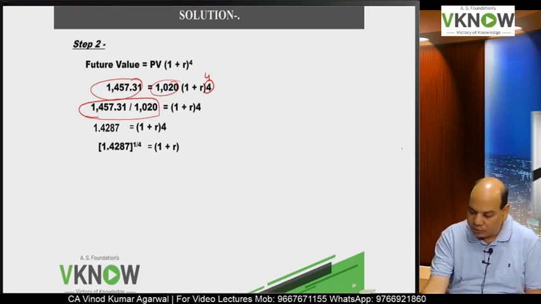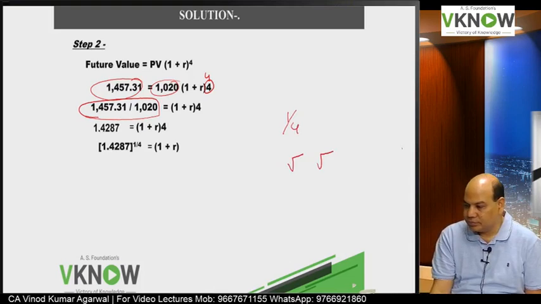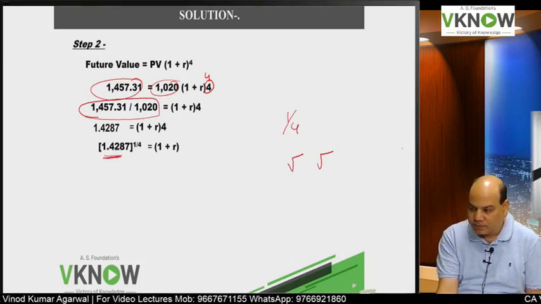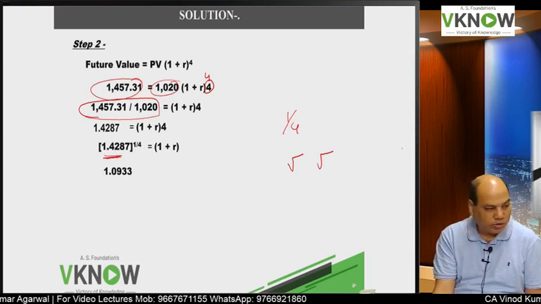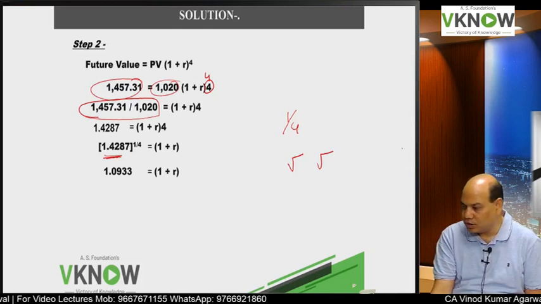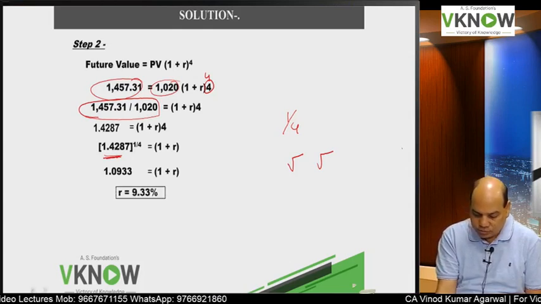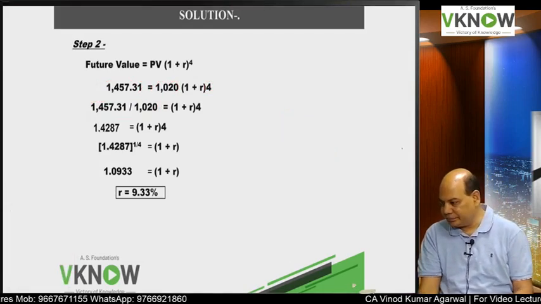And when the power is 1 by 4, you have to press the square root function 2 times. So type this number, press square root 2 times, you will get 1.0933. 1.0933 is equal to 1 plus r, and therefore r is equal to 9.33%.